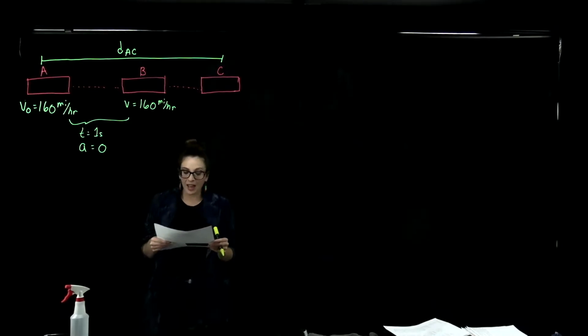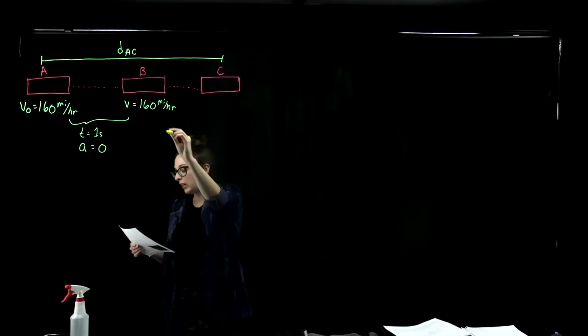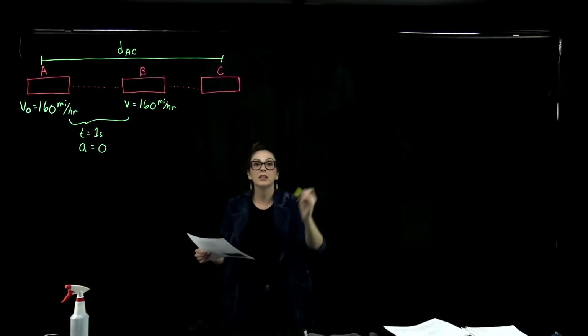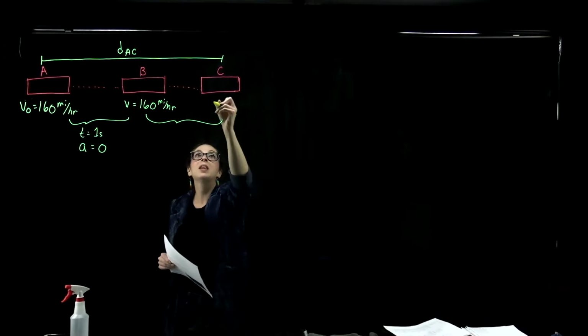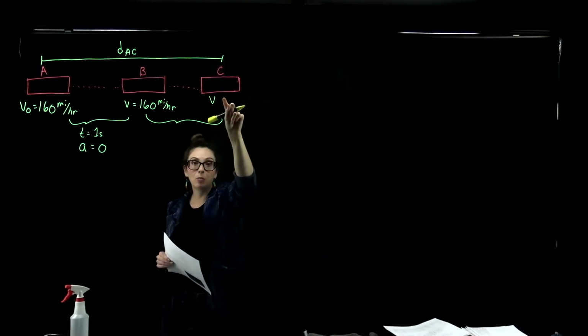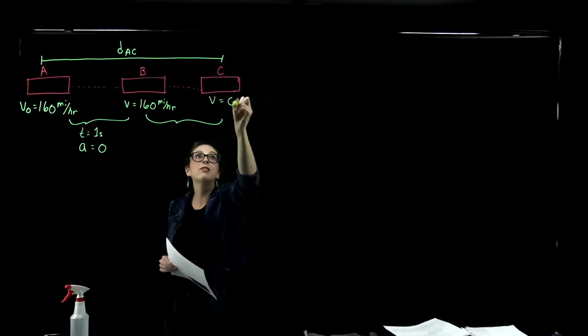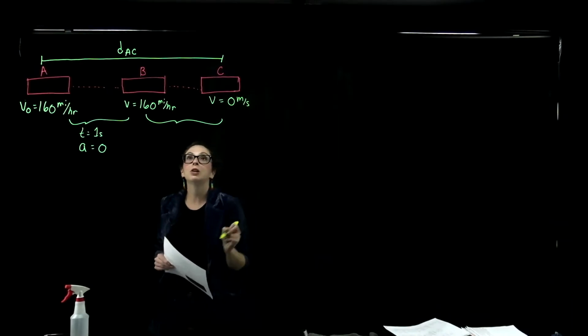Okay, and then between points B and C, that is when we're going to do our deceleration. So the final velocity at point C is going to come to rest, so that final velocity is 0 meters per second.